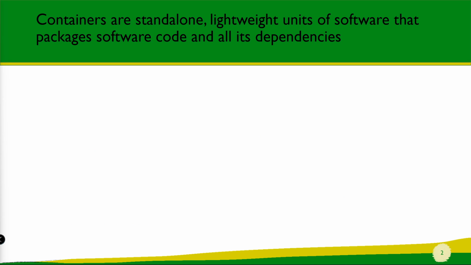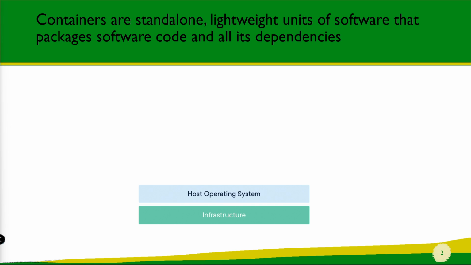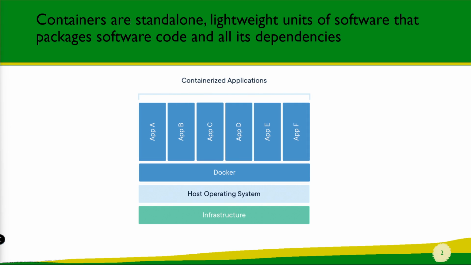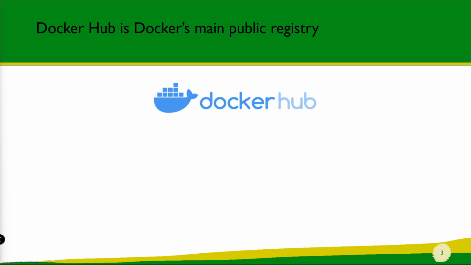Let's start with some concepts related to this empirical study. I start with Docker containers. Containers are standalone lightweight units of software that package software code and all its dependencies. First, we have the infrastructure and host operating system, and on top of it we have the Docker engine, where applications are running in a container in an isolated environment.